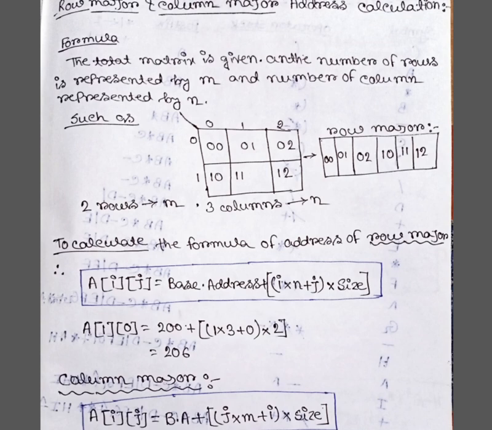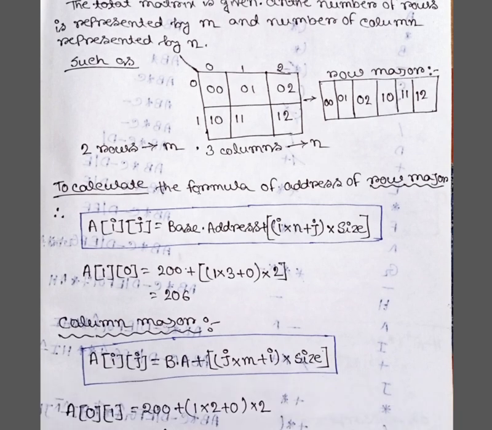For character, it is 1 byte. For float data type, it is 4 bytes. For double, the size is 8 bytes. Sometimes the size is given to you while asking the problem, but sometimes you have to remember these sizes by yourself while solving this type of row major, column major problems.